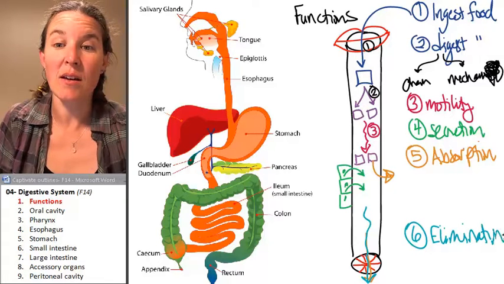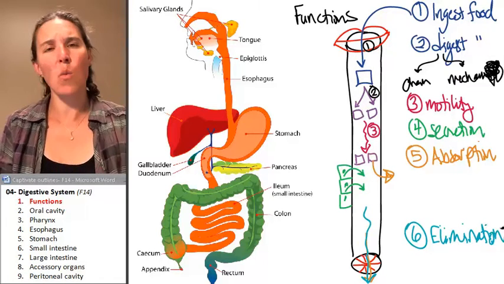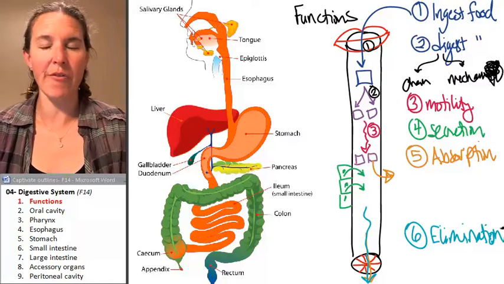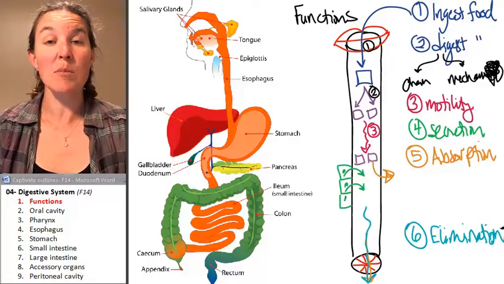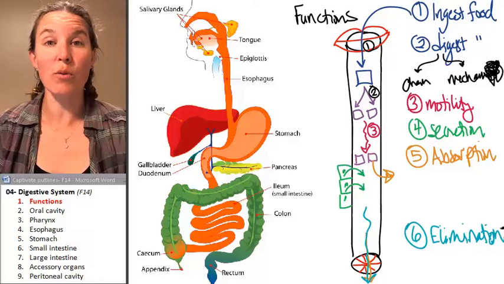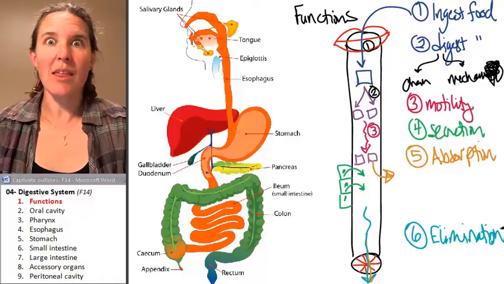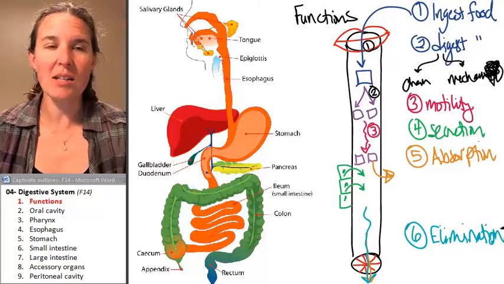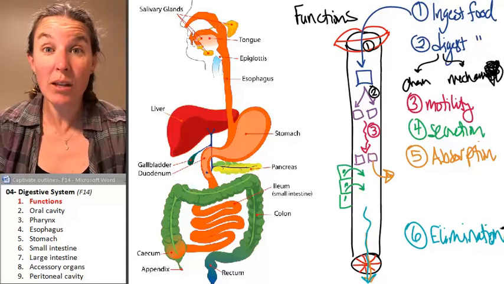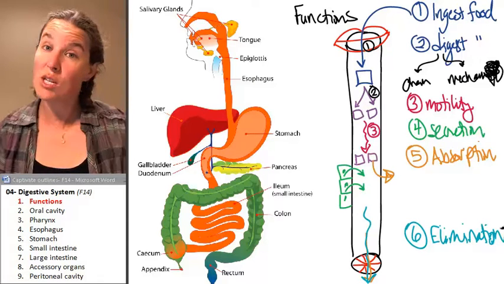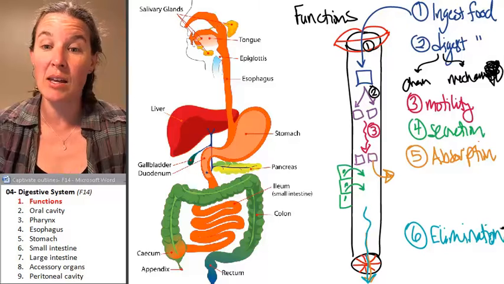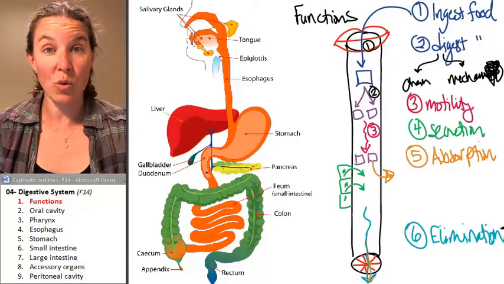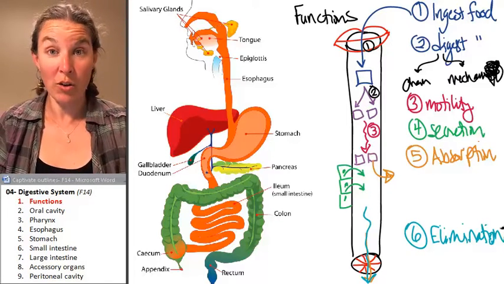Elimination. Interestingly, the way we eliminate stuff in the digestive system is by going poo-poo through the anus. So literally, diarrhea. Diarrhea is awful because it's a huge issue if you have diarrhea and you can't get it under control, because you actually are going to poop out all your nutrients.